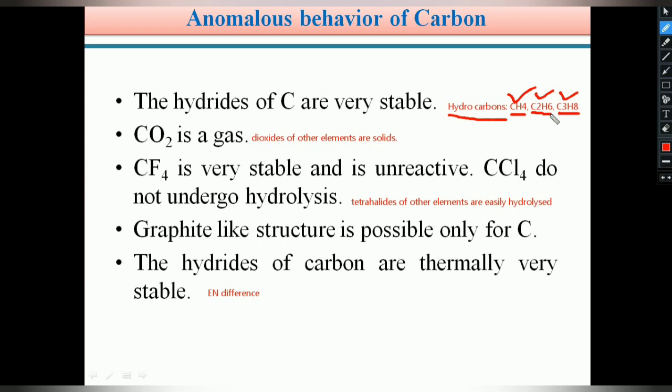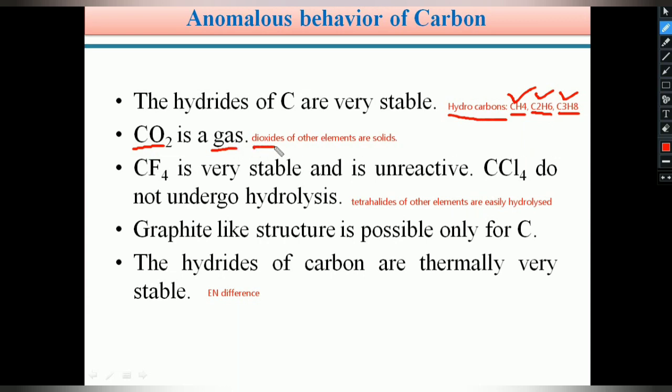But the hydrides of the other elements present in the fourth A group, silicon, germanium, tin and lead, are highly unstable. The next reason is that CO2, carbon dioxide, is in a gaseous state.